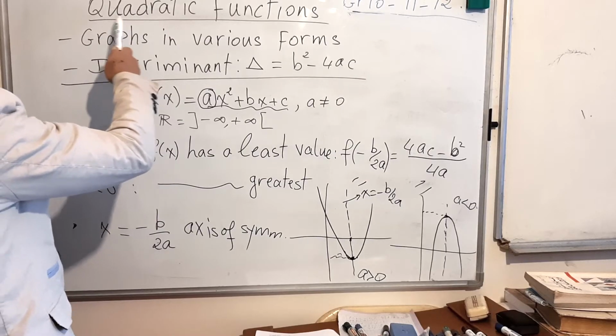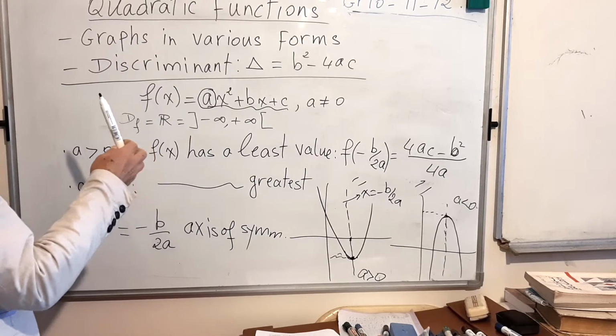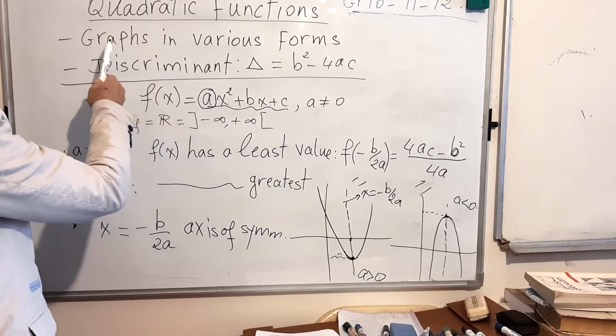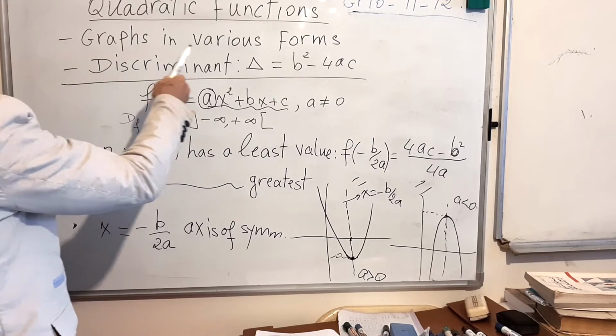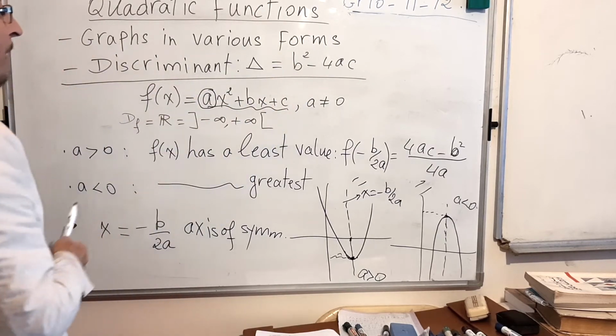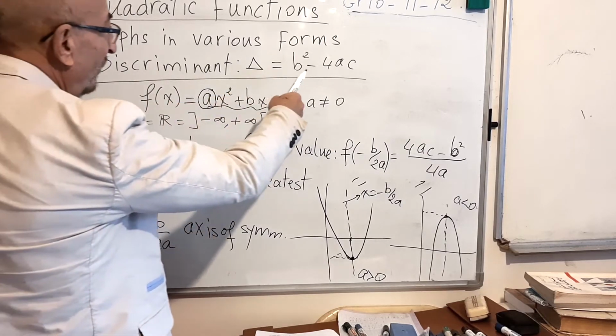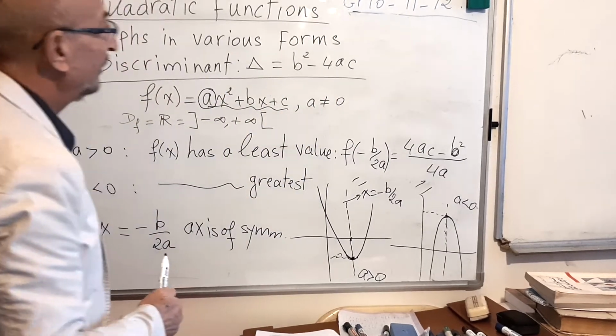Now the part on quadratic functions. We have two parts: graphs in various forms, and the discriminant delta equal b squared minus 4ac.